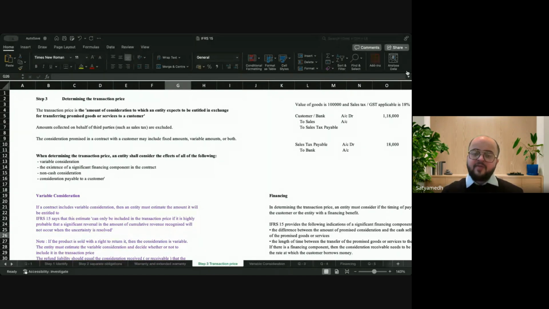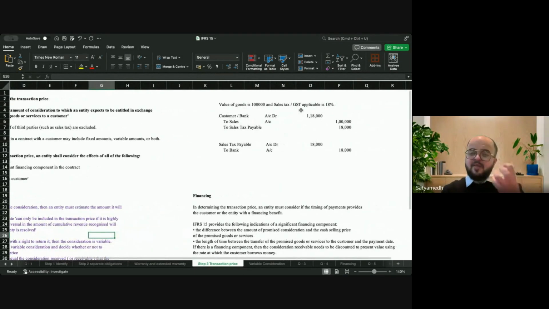So what I have to do is collect the amount of sales tax from my customer and deposit that with the government. The sales tax does not belong to me. I'm only collecting it on behalf of the government of India. So what accounting entry do I record? I record, see, 1,18,000 is receivable from the customer, but my sales income is only 1 lakh. My revenue is only 1 lakh. 18% or 18,000 is my GST.